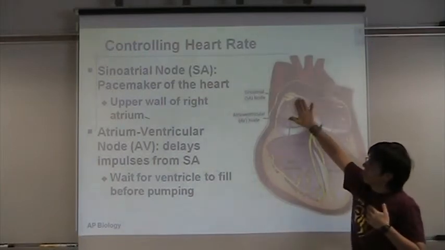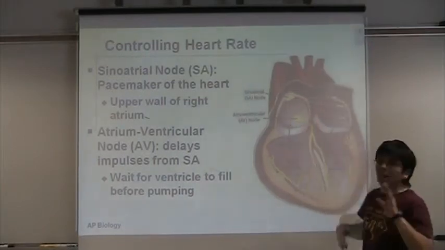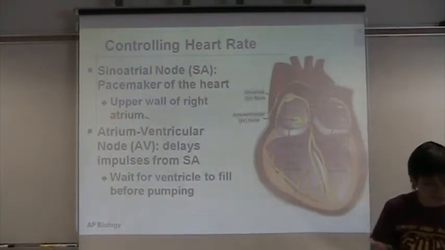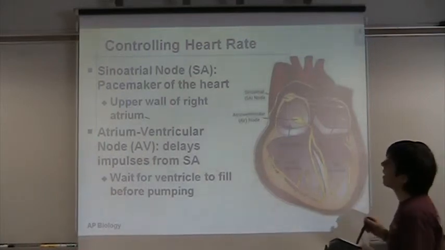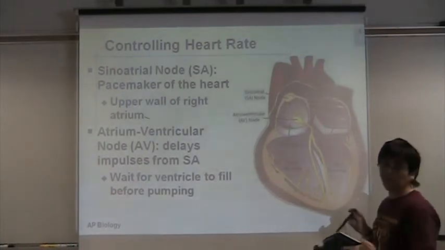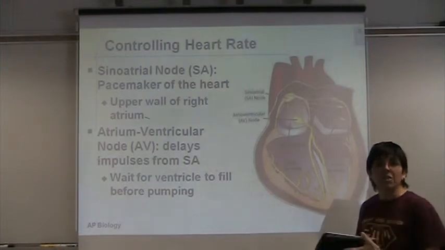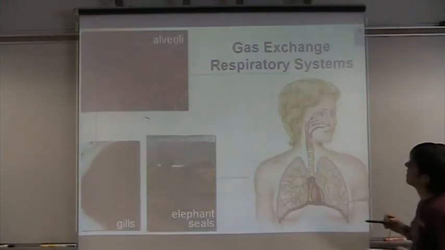Alright? So your natural pacemaker does it on its own, or if you have problems, you can have an artificial pacemaker implanted with a little battery that has to be replaced every so many years.